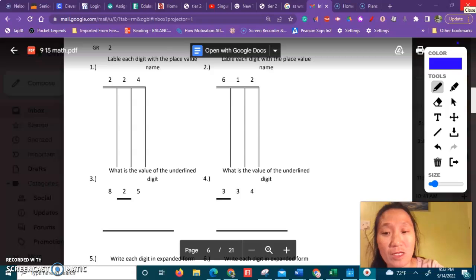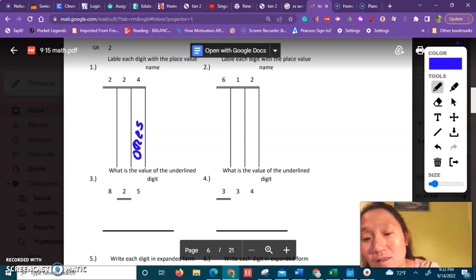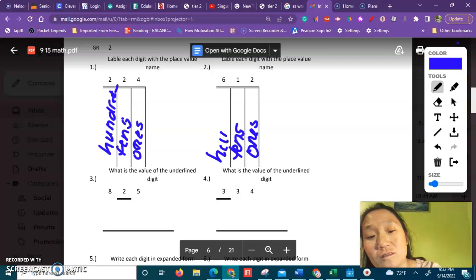Just like yesterday, you put down, here's the ones, the tens, and this is the hundreds. Again, the ones, the tens place, and the hundreds.